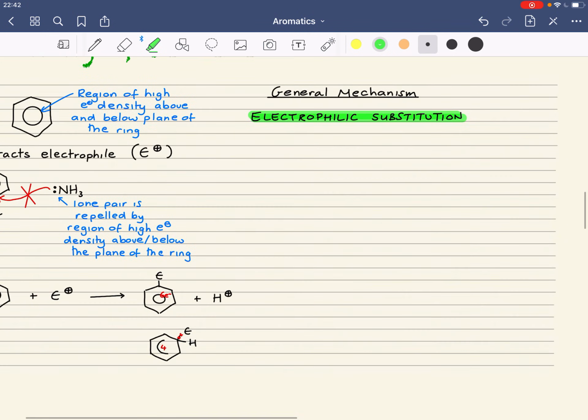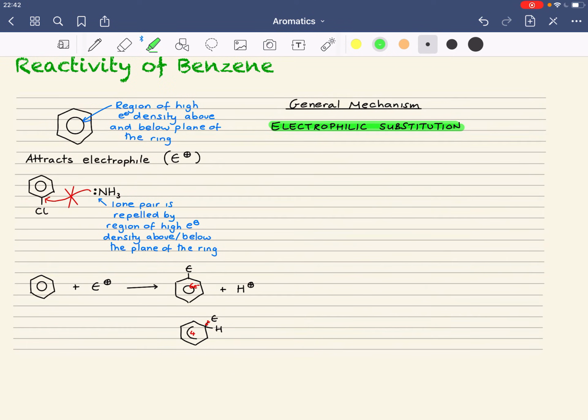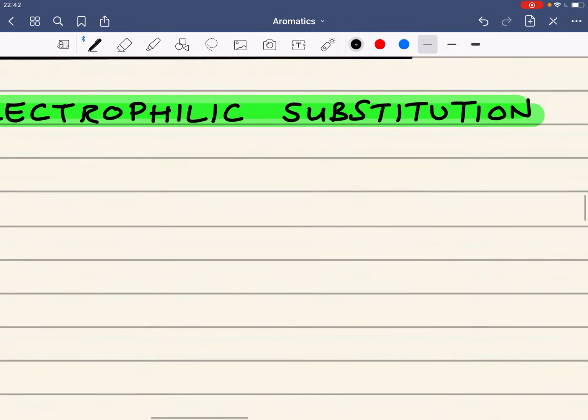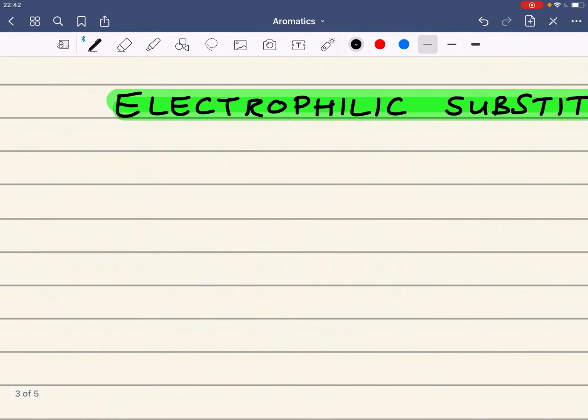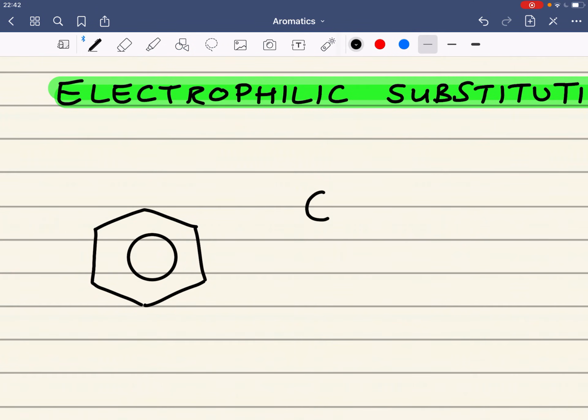And why does it undergo substitution? We've mentioned that here. The general mechanism then is as follows. The high region of electron density then attracts an electrophile, and we're going to be looking at 2 specific electrophiles in our A-level course. And what happens is that 2 of these 6 electrons are used to form a new carbon electrophile bond.